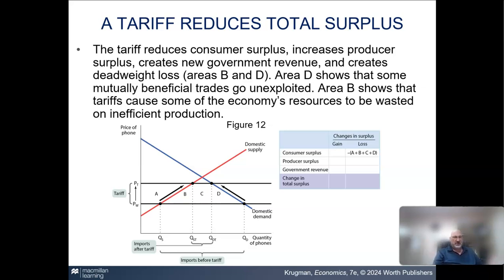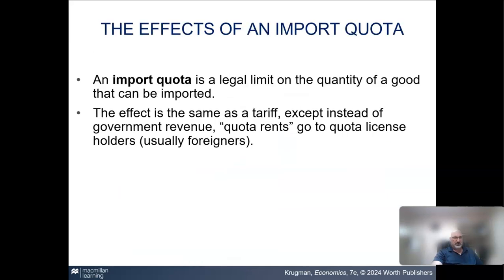C, not so much. D shows that some mutually beneficial trades go unexploited, and B shows that tariffs cause some of the economy's resources to just be wasted. So that's basically what happened with all of that. So B and D are our wasted money, our deadweight loss.